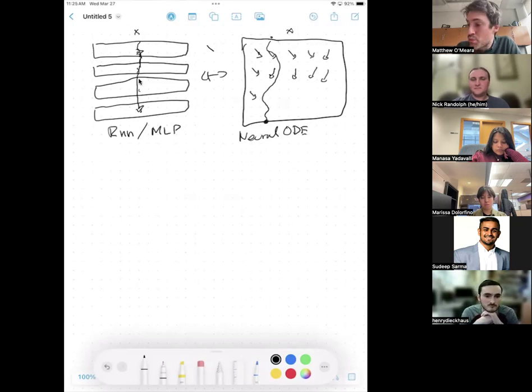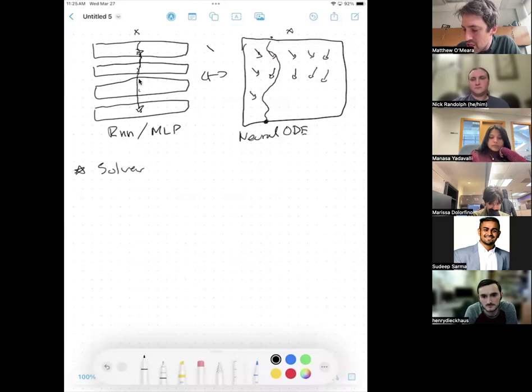And what's really, really neat, or at the time that they saw, is that there's so much cool theory and math around differential equations that there is this question of what can we bring over from the ODE world. So there's some really low-hanging fruit. The first was there's a whole decades of solvers for ODEs.